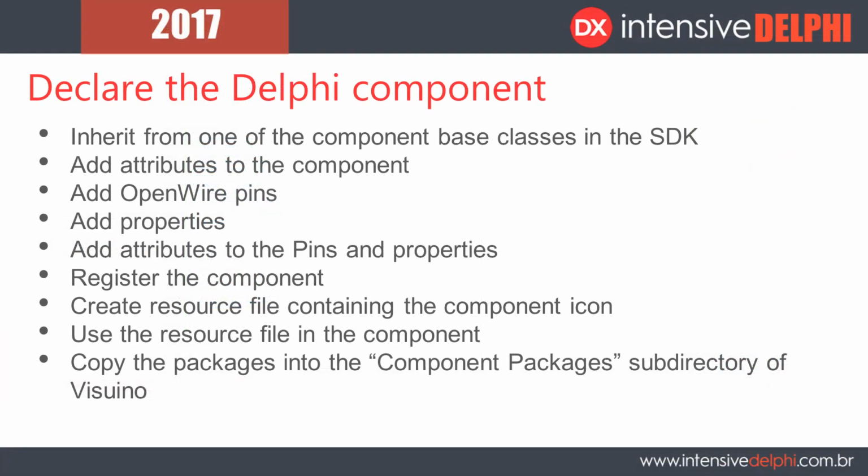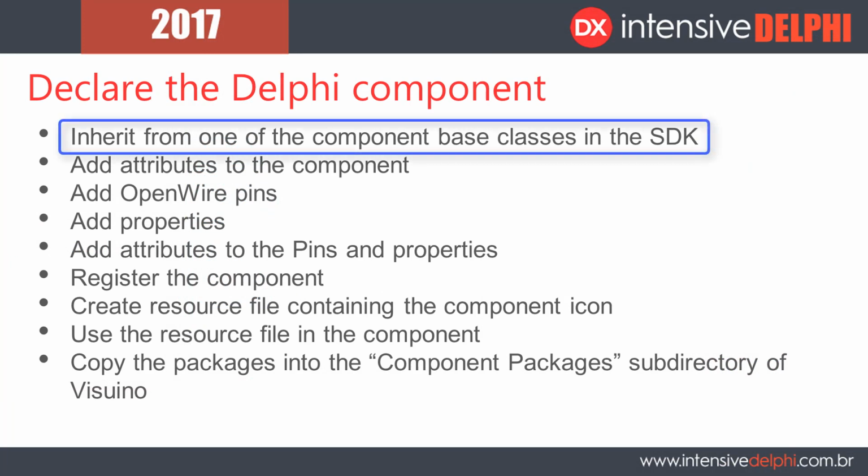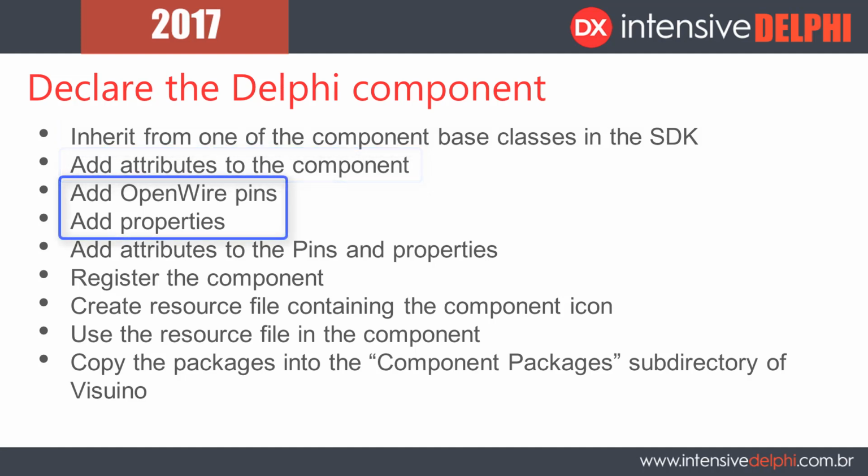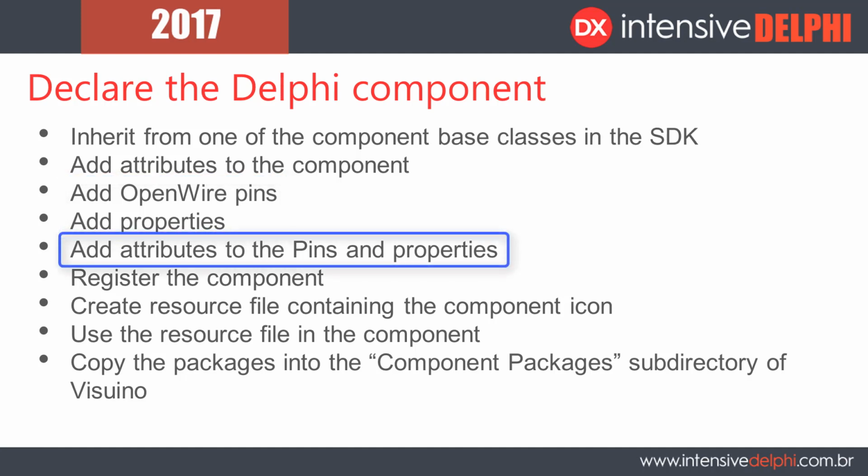To declare our Delphi component, we'll follow a few typical steps. We'll inherit from one of the component base classes in the Visuino SDK. We'll add attributes to the component, add OpenWire pins and properties, and add attributes to the pins and the properties.